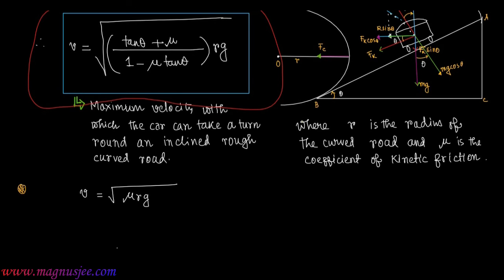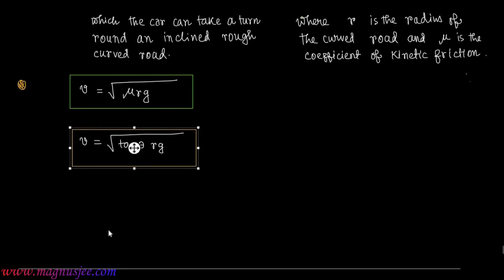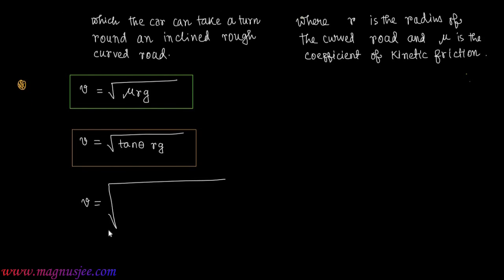So we got v equal to root over mu rg. Then we get v equal to root over tan theta rg, and that is the velocity of a car around an inclined road.